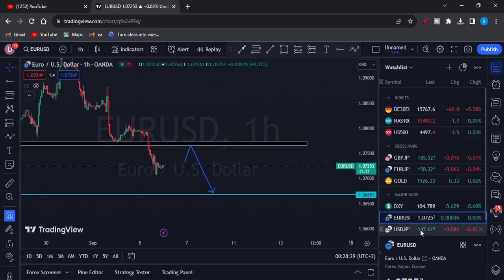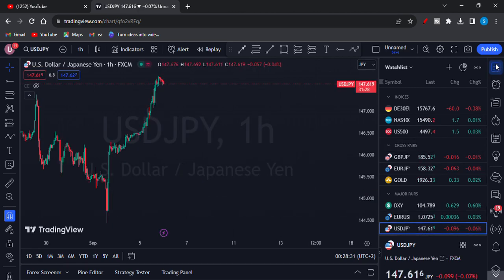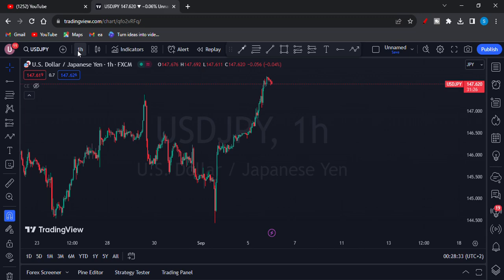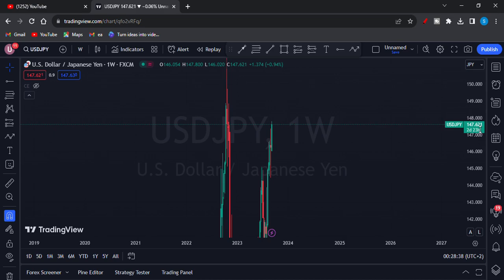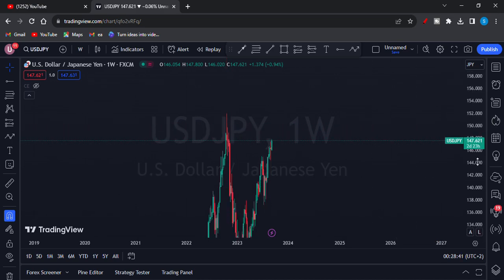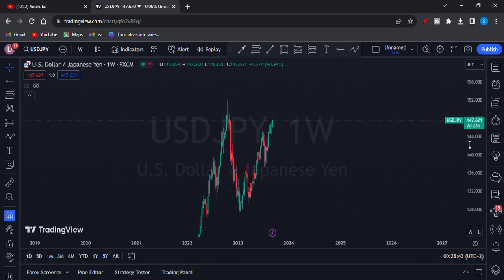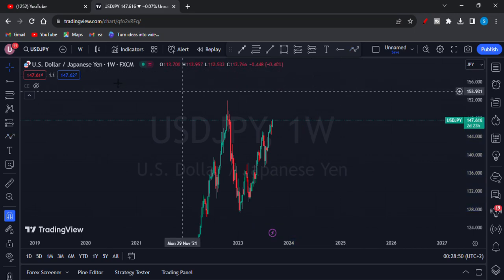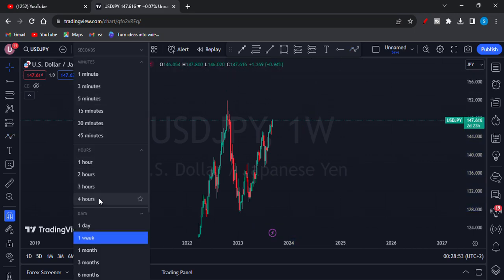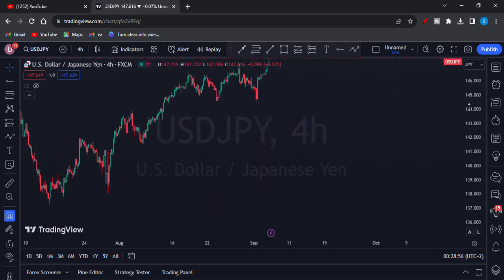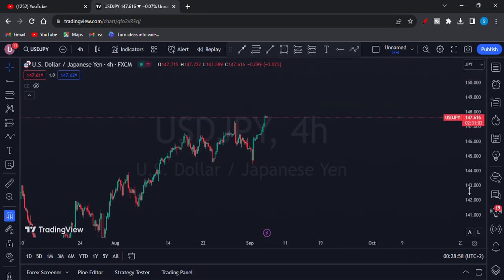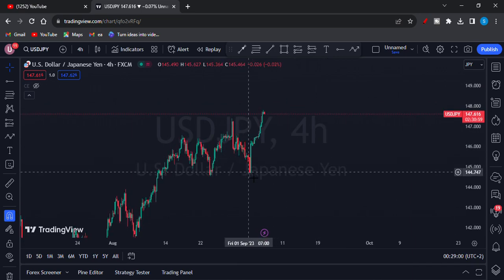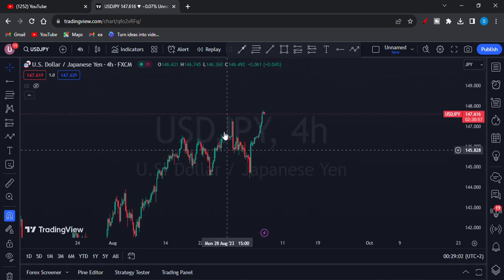And then let's go to USDJPY. For USDJPY, we had a beautiful setup. I'm happy with what actually happened with USDJPY, but let's analyze. On a weekly, we are on an uptrend, and then on a 4-hour, we had this massive push to the upside.